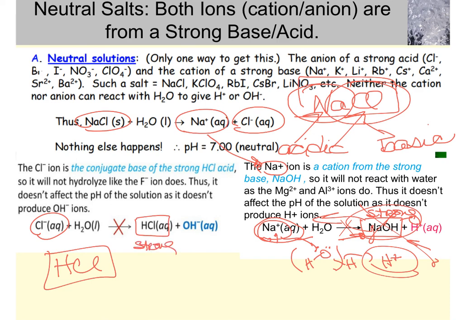And again, the very definition of a strong acid is that it does not exist in the intact form in water. So HCl would never be formed, or if it was, it would immediately separate out again to the individual ions because it's just not stable in the intact form. So again, cations and anions that come from strong acids or strong bases, you can ignore. They are going to have no effect on pH.